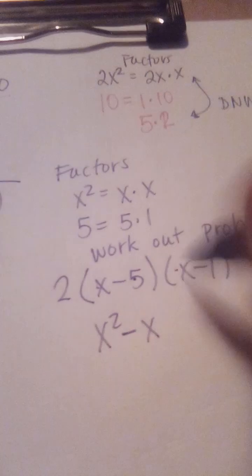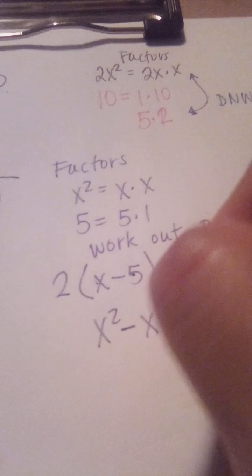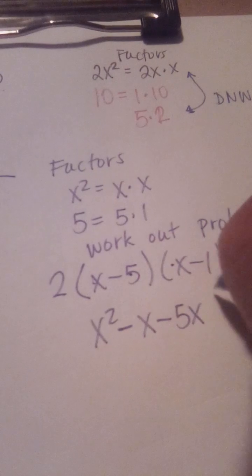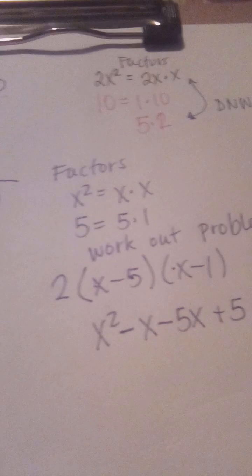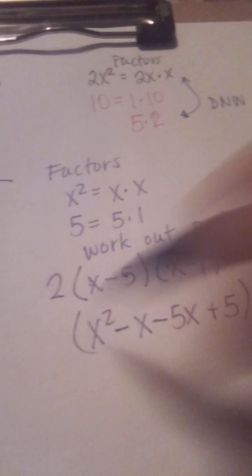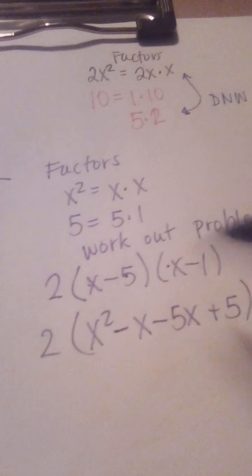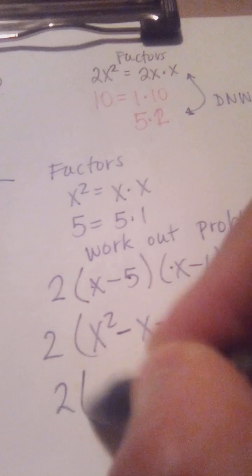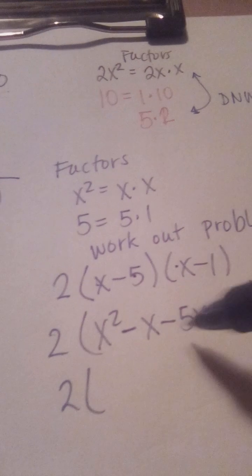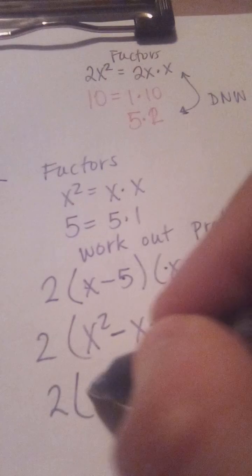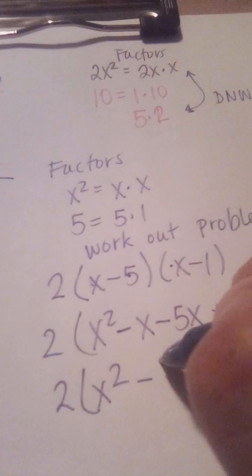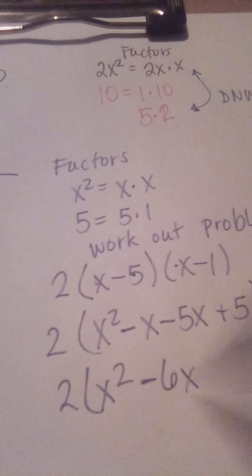Negative 5 times x is negative 5x. And a negative times a negative equals a positive 5. Combine like terms. Negative x minus 5x gives us a negative 6x.